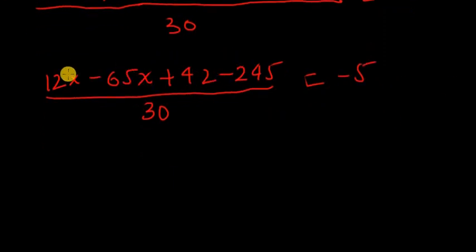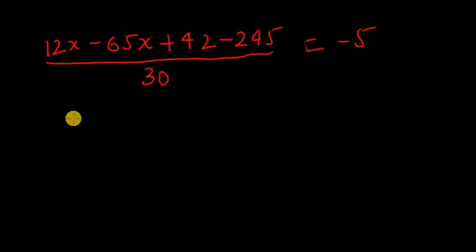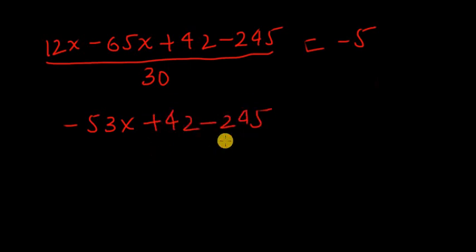Now let's do the last simplification step. 12x minus 65x is minus 53x, then plus 42 minus 245. So this answer is nothing but minus 203.